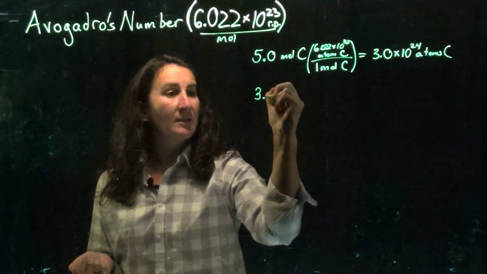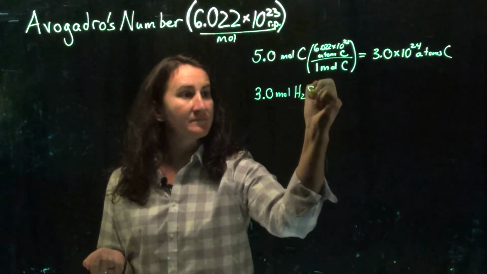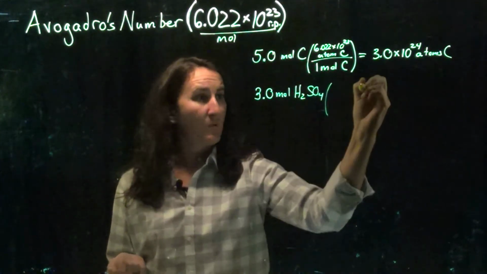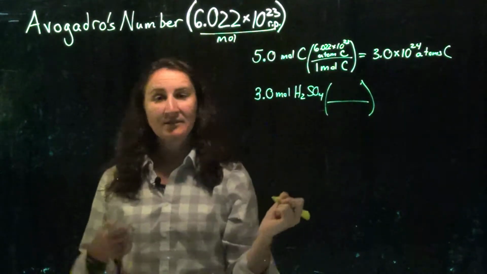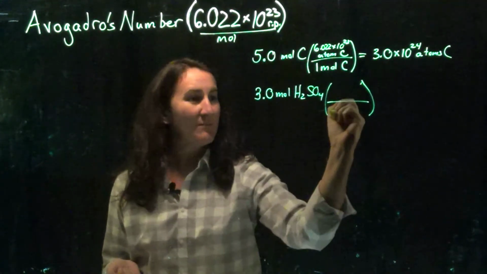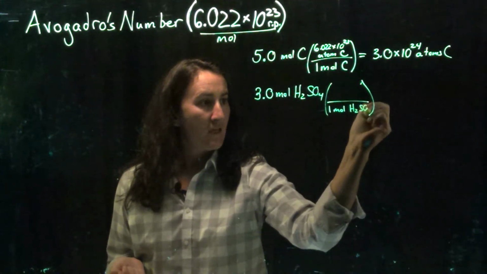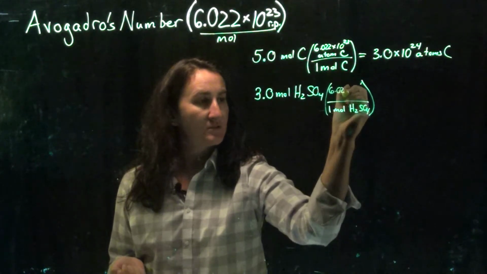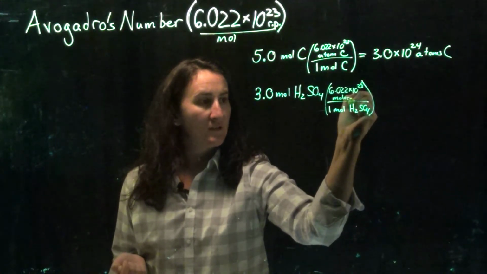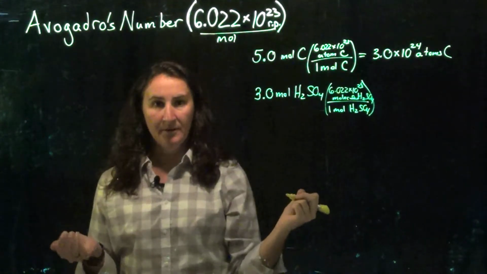Let's start out with 3.0 moles of sulfuric acid. So with sulfuric acid, it's the same way. We're going from moles, but instead of going to atoms, it's not an atom, we're going to molecules. All right, it's the same thing. 1 mole goes on the bottom, and 6.022 times 10 to the 23rd molecules of H2SO4 goes on top.